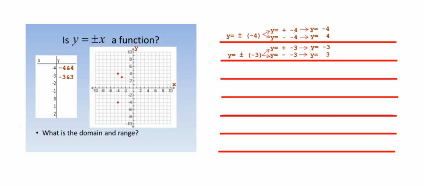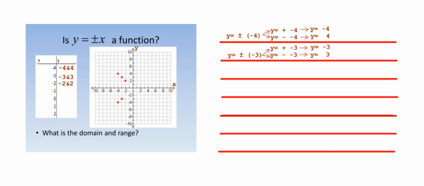And let's plot them. X is -3, y is +3. And let's plot the next point: x is -3, y is -3. I should have done reverse order, but it still works. That just means that for our next graph, at x is -2, we're also going to get -2 and +2.